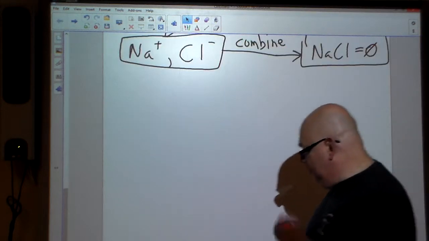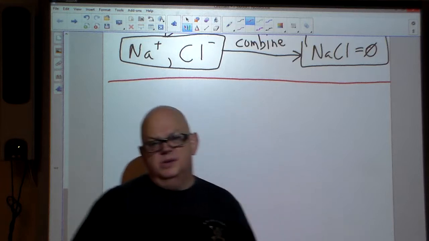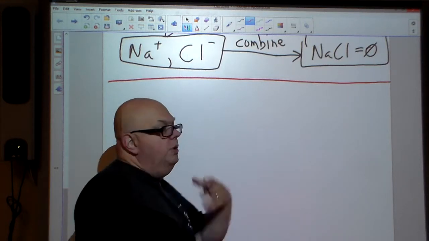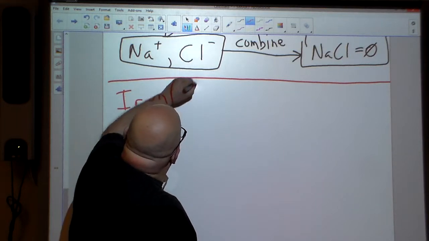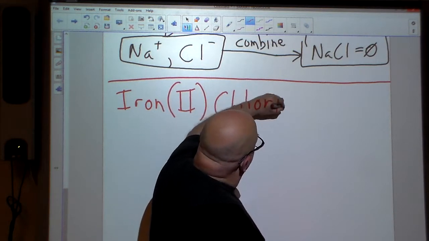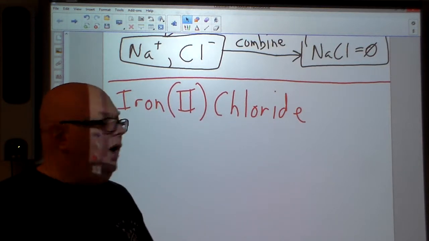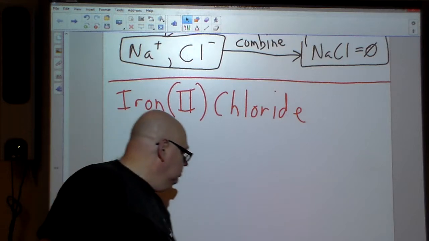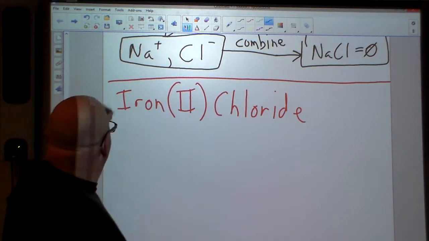Let's move on here for a moment, because there are different variations of formulas. When we talk about something like iron 2 chloride, what? Huh? All right, let's take a look at this for a moment.